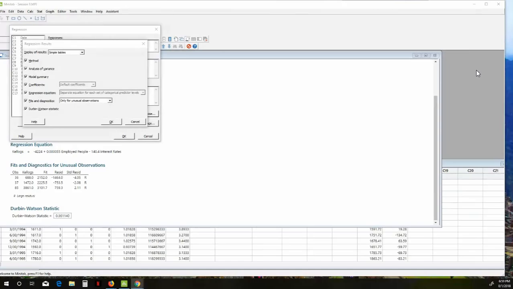I just need to find the regression slides, which for some reason are eluding me. Okay, here we go.